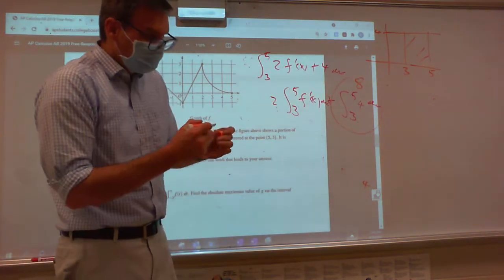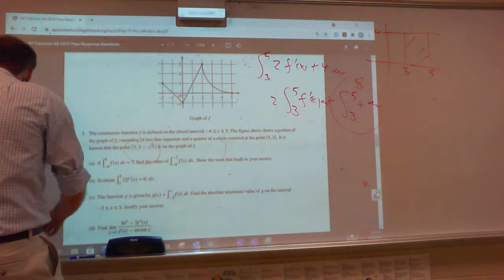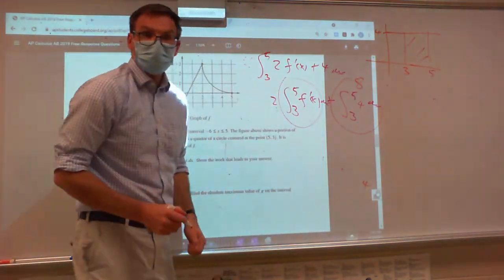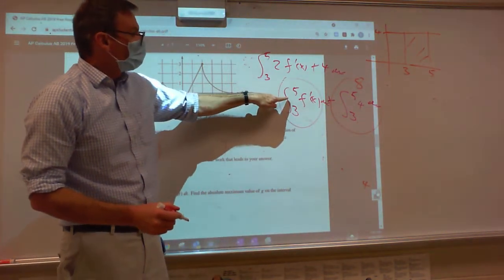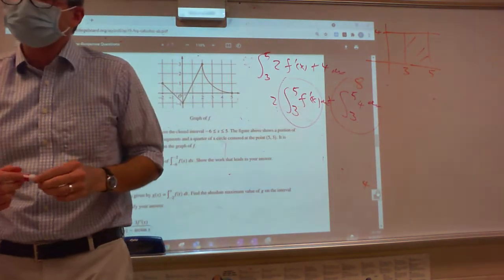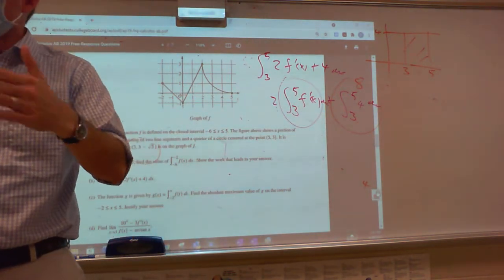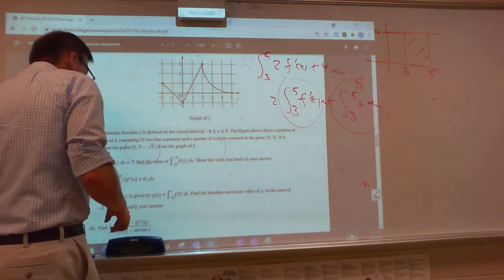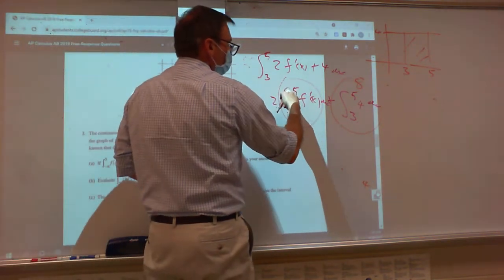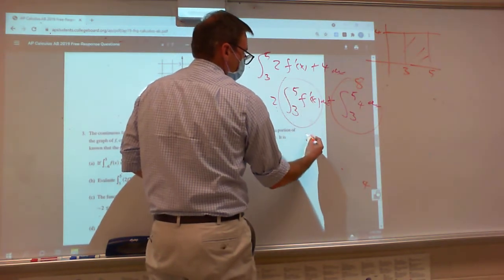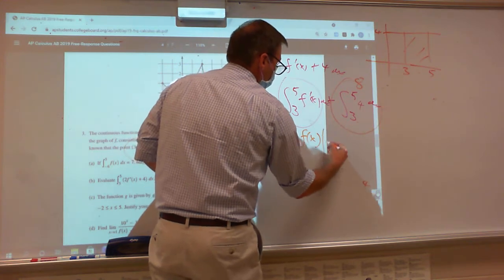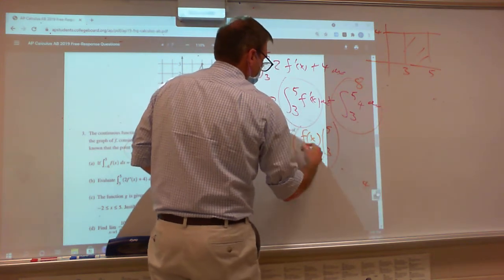Now, this is kind of my fault because we didn't practice a lot of these. What is the integral of f'? Are we okay that the integral of f' is f? So when you take the integral of this, it's the same thing as f(x) evaluated from 3 to 5, all that times 2.